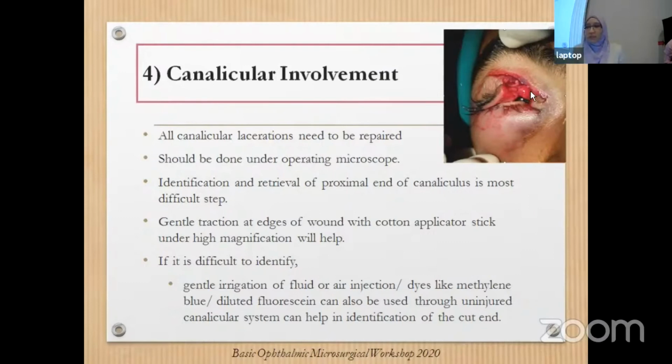So it usually takes time to identify it. Once we find the proximal part of the canaliculus, we can try to probe. We can use a pigtail probe. We don't have it here actually, but pigtail probing is very easy. I'll show you.